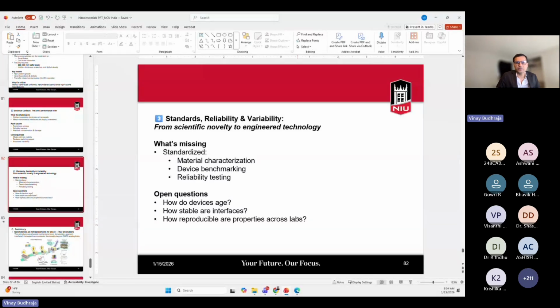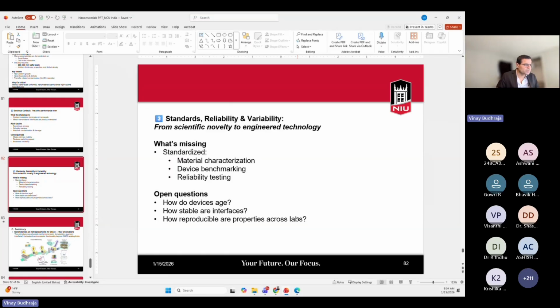And even with proper interfacing and packaging, the device aging is still not improved. So that's the challenge with the adoption of the organic based nanomaterials.